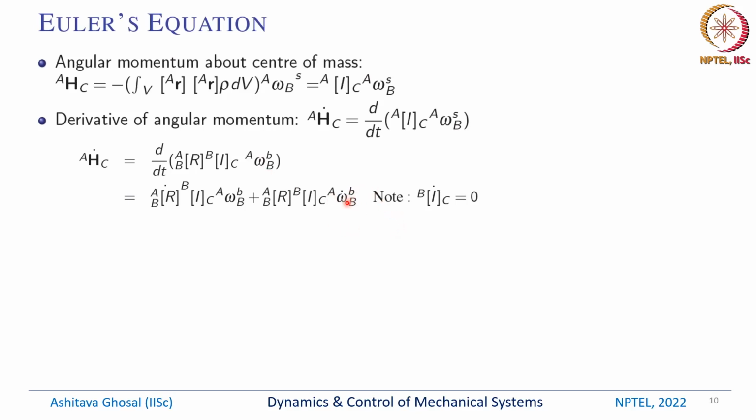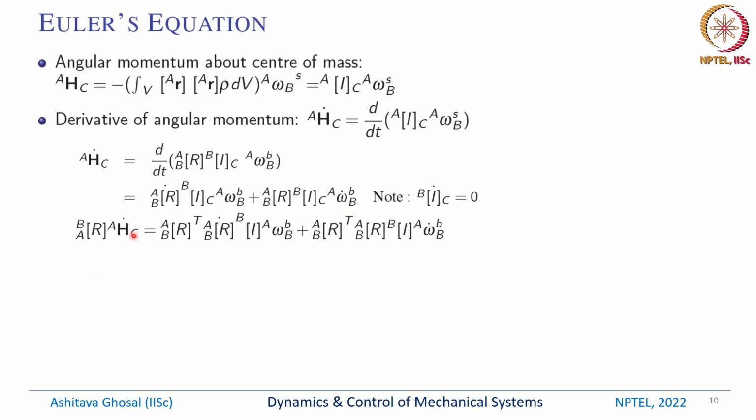So this is like angular acceleration. The third term in the chain rule is the derivative of BI, this one will be 0. Note B I dot C will be 0. So what do we have here? That the rate of change of angular momentum is given by this expression.